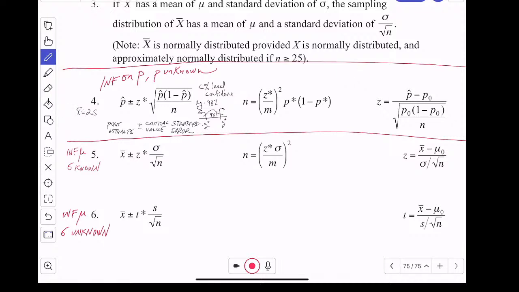So Z is equal to your point estimate, so your sample result or your statistic, minus its mean, divided by its standard deviation. This is standardizing.